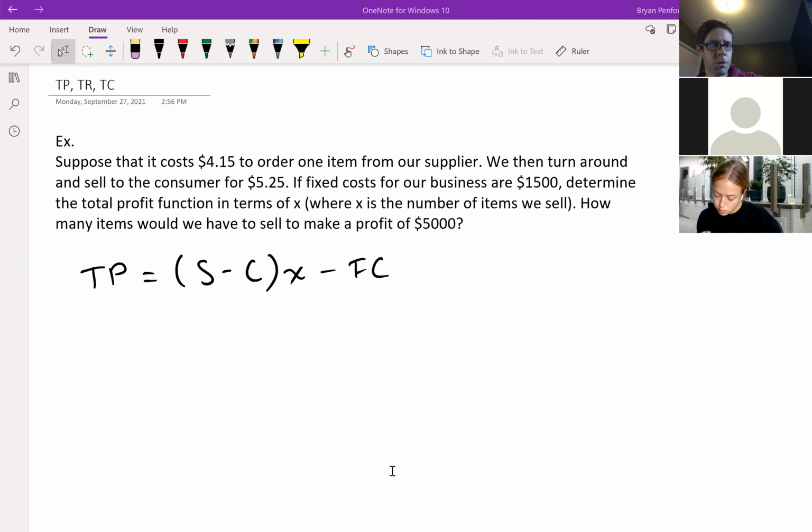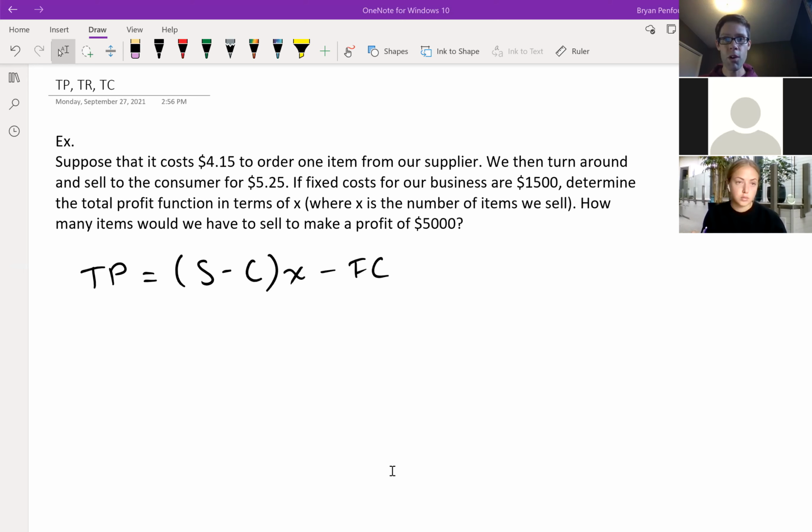So in our first example, we're going to look at the following situations. It's going to cost us $4.15 to bring an item in from the supplier we're working with. What we're going to do as a business is turn around and mark up that $4.15 to $5.25.